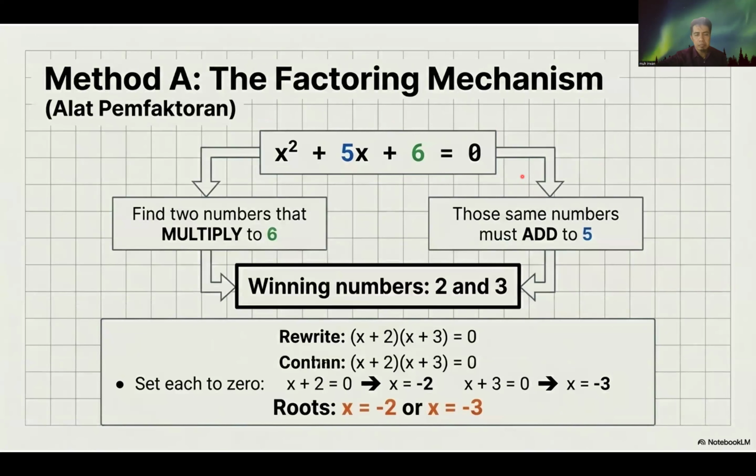This is the factoring mechanism. We have the quadratic equation x squared plus 5x plus 6 equals 0.